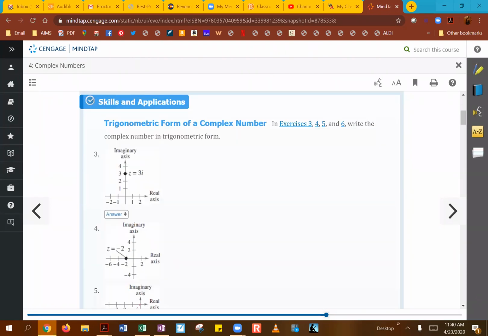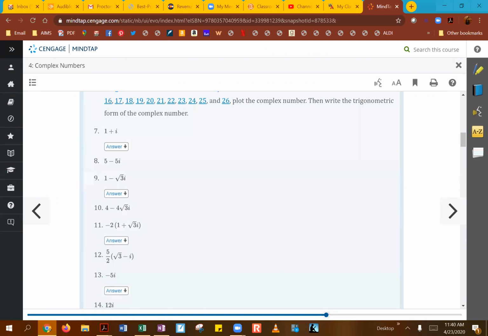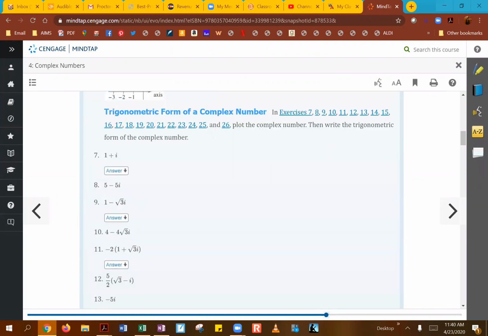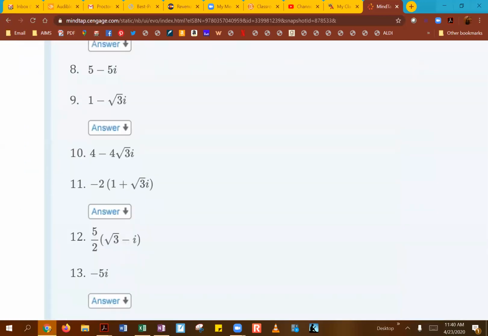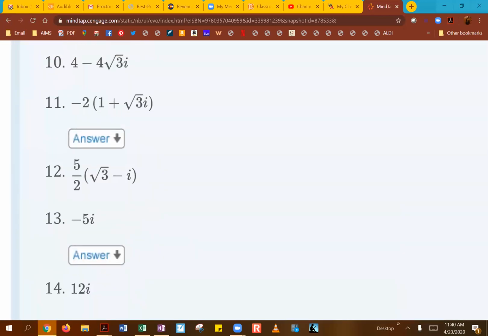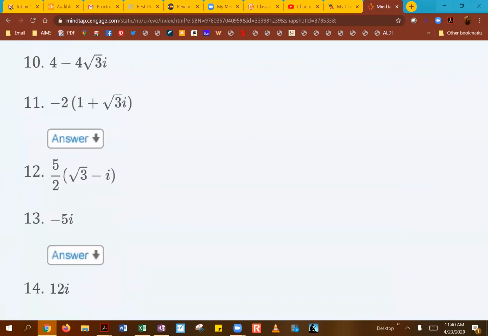There we go. So let's see, for 4.4, let's start with number 10. So your instructions are plot the complex number, then write the trigonometric form of the complex number. So again, we're looking at number 10 over here.